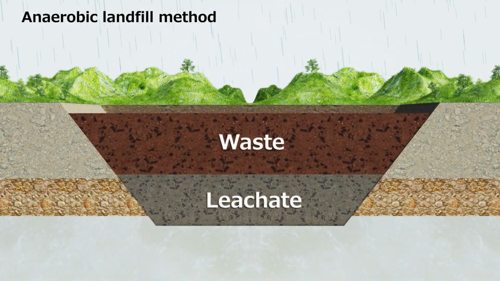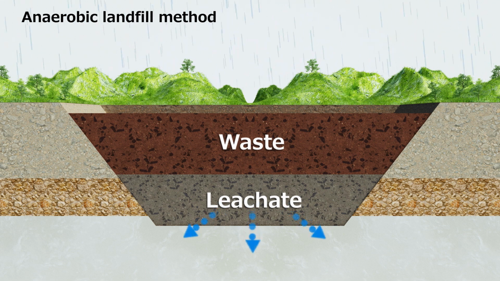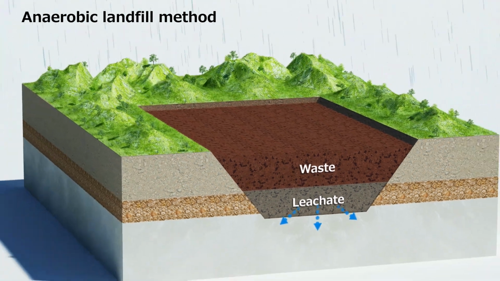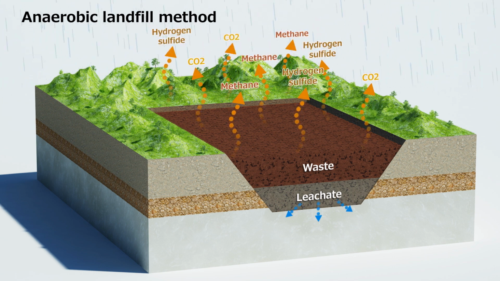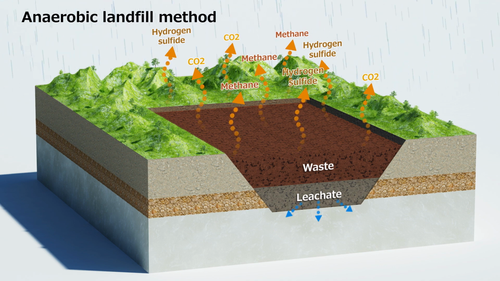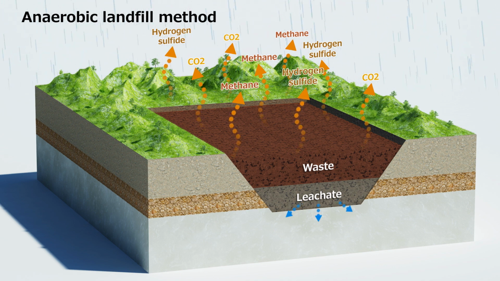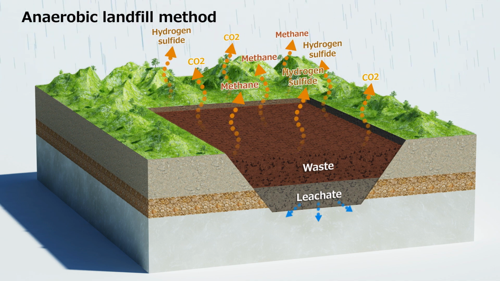In conventional anaerobic landfill methods, such as open dumping, leachate flows directly into the soil, contaminating the soil and groundwater, or greenhouse gases such as methane gas are emitted from waste, gases that may cause fires, and toxic hydrogen sulfide gas is generated in large amounts, and then the environmental impact is very high.